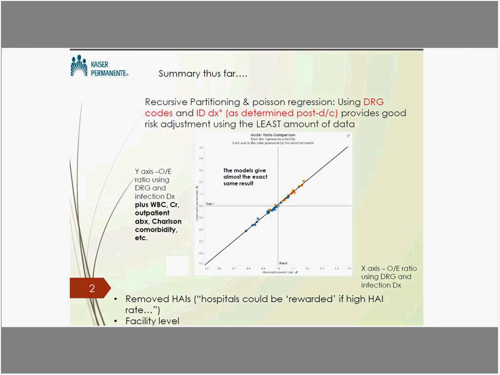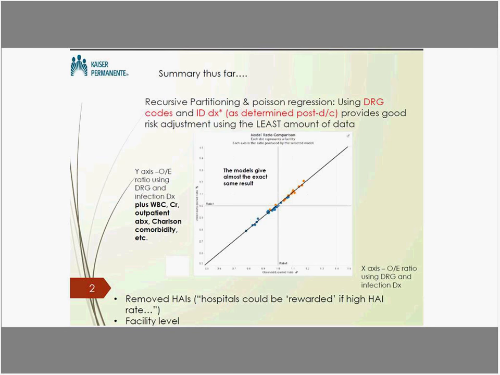And they said, if you only risk adjust on those two models, you get almost identical results as if you risk adjust using all of these specific factors like white blood cell counts, creatinine, outpatient antibiotics, Charlson comorbidity scores. What they have found is that you probably only need the DRG codes and the infectious disease diagnosis to get really, really good patient-level risk adjustment.